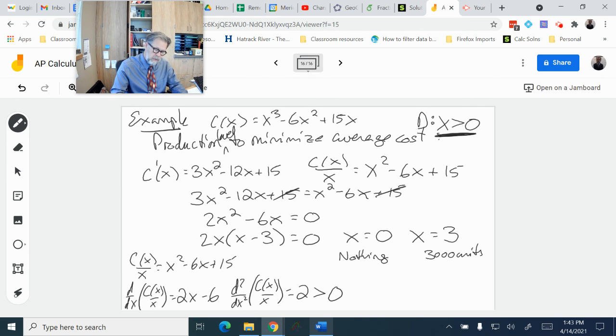And if the second derivative is positive, then in fact, I have a minimum. Interpretation, if I want to minimize the average cost, I need to make 3,000 units.